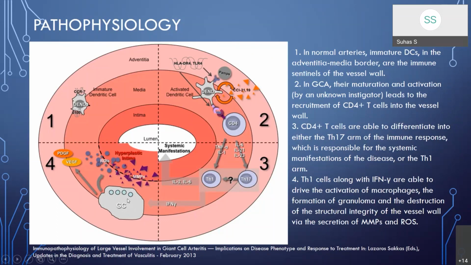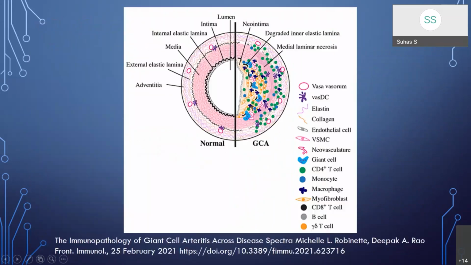Giant cells bring about this localized inflammation in the vessel wall by release of matrix metalloproteinases and reactive oxygen species, along with release of growth factors. So this leads to intimal hyperplasia and other changes. We can prominently see formation of neointima with reduction in the lumen of the vessel, which often leads to thrombosis.